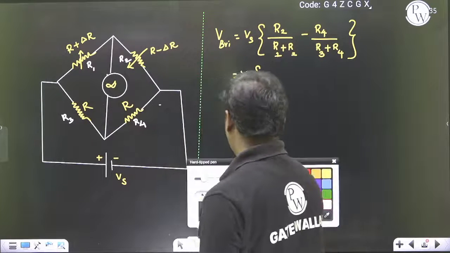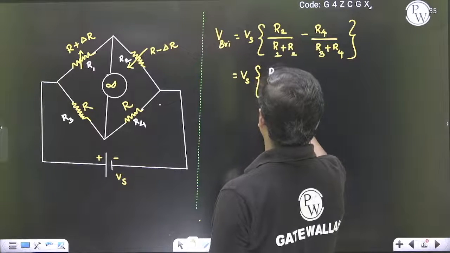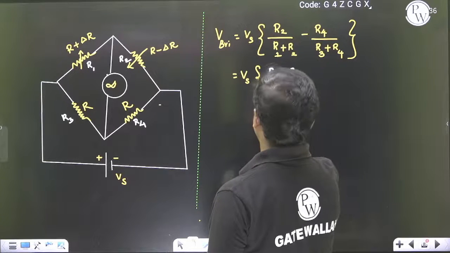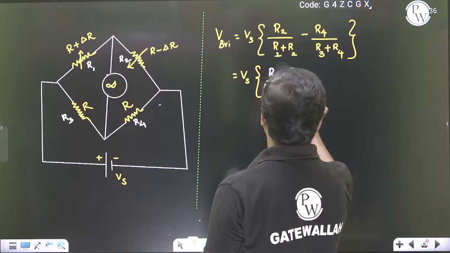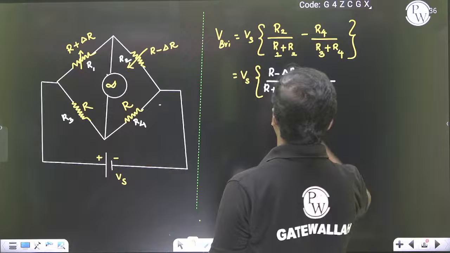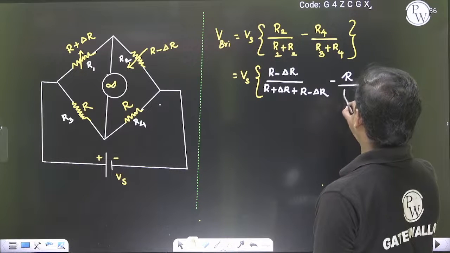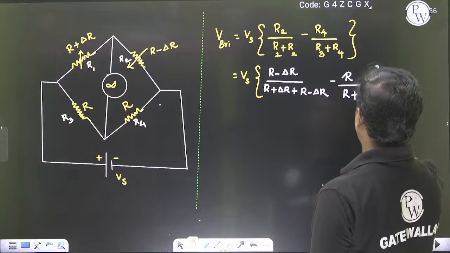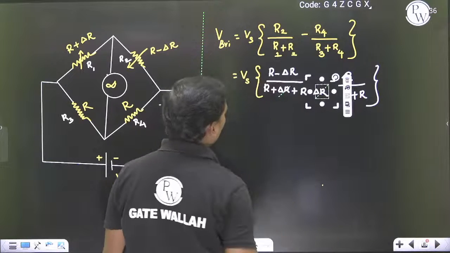So now R1 is R plus delta R, R2 is R minus delta R, and R3 and R4 are R. So delta R gets cancelled.